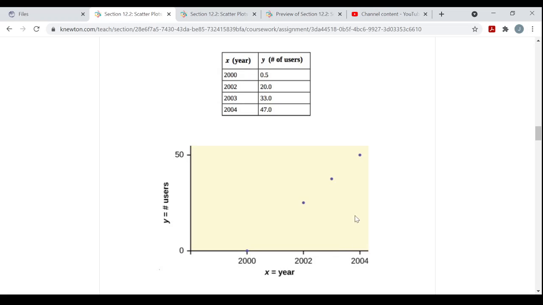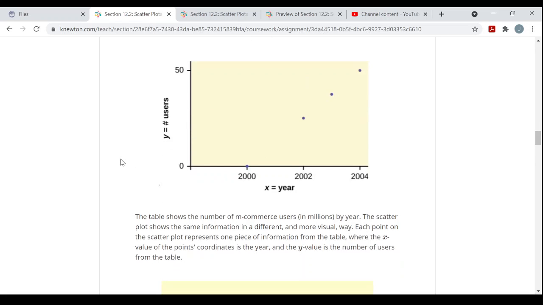And then 2004, 47, there's that point. And this is called a scatter plot. It's, again, very simple. Just plotting points, taking tables of pairs of data and plotting those ordered pairs like you would in an algebra class.